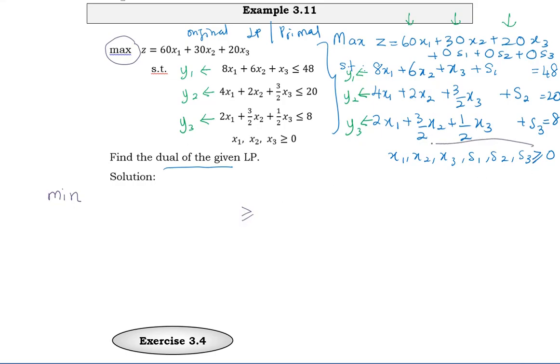Here we have 6 decision variables for the primal, so the number of constraints for the dual will be 6. Because it is minimization, all the constraints will be greater than or equal to. So the total number of constraints should be 6.